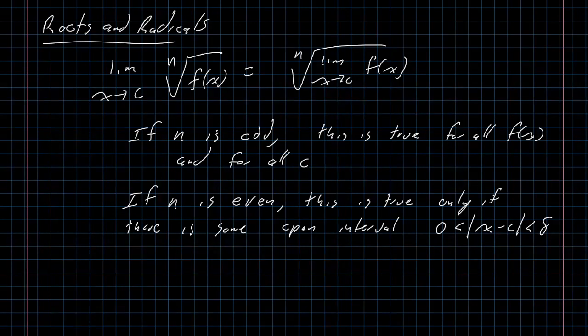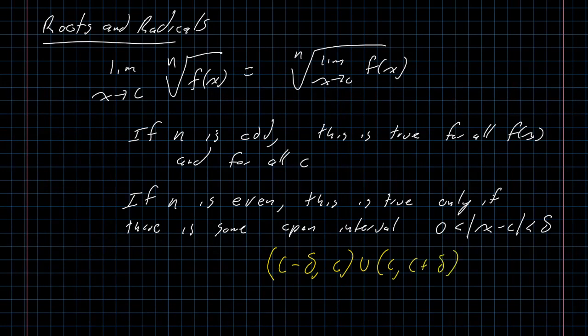That's right from the epsilon delta definition of the limit. I said that's an open interval. It kind of mostly is. It is the interval from c minus delta to c, union with c to c plus delta.